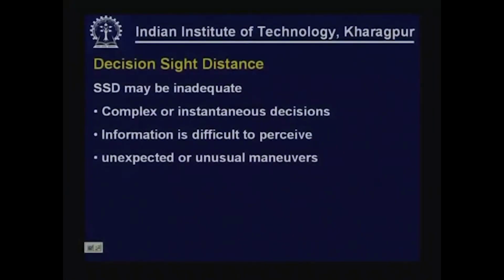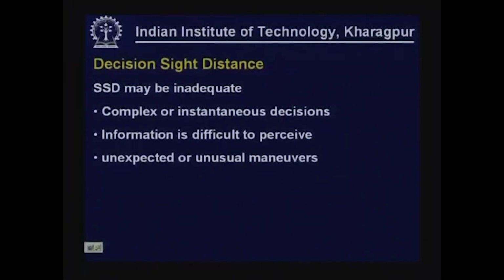Now, the stopping sight distance that is provided is normally adequate for normal conditions or general operation. It may be inadequate, number 1, under complex situations, or where drivers have to make complex or instantaneous decisions.